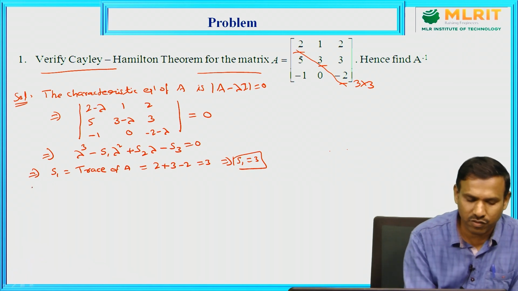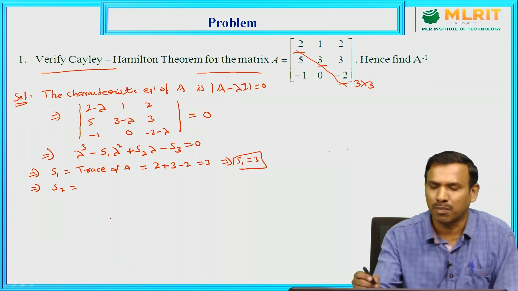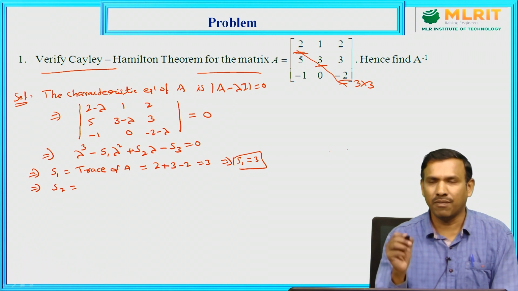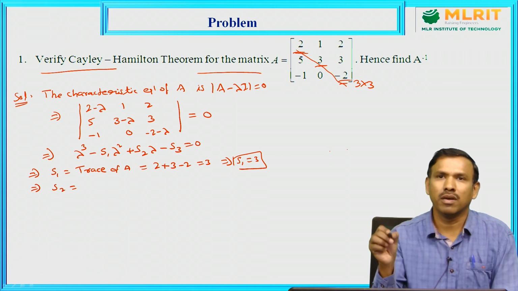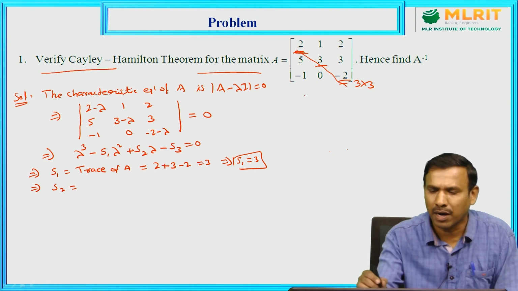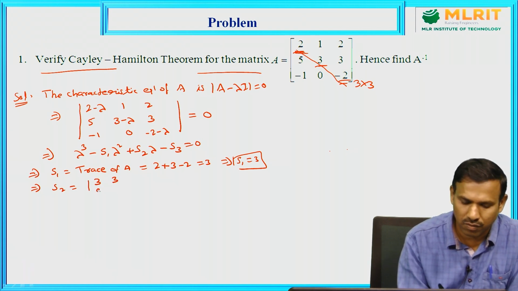Next, S2 is the sum of the minors of the principal diagonal elements. For the first element 2, leave that row and column, and the remaining 4 elements are 3, 3, 0, minus 2, so the determinant of that.